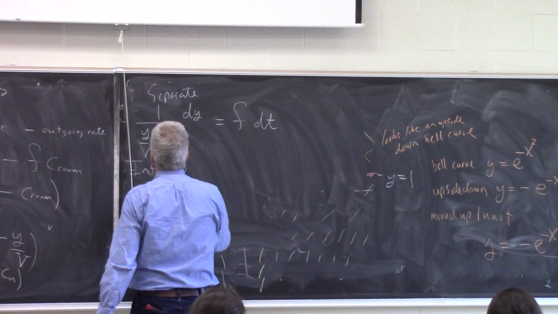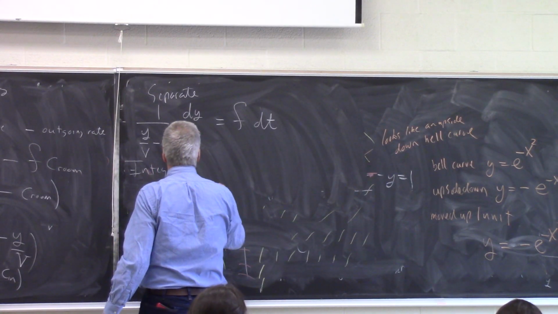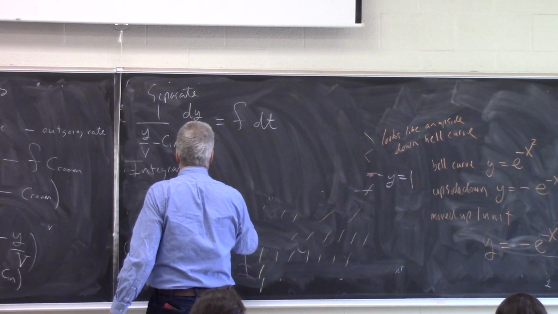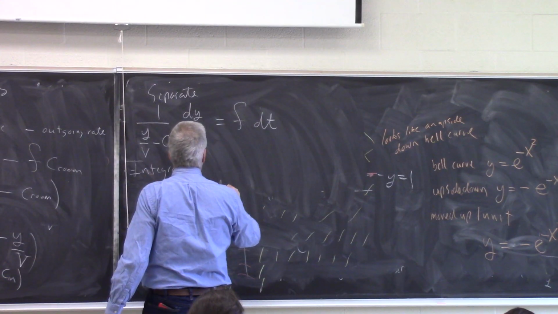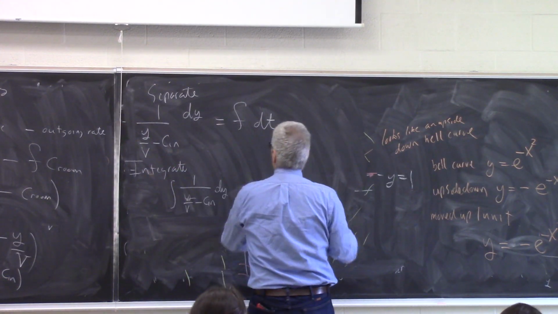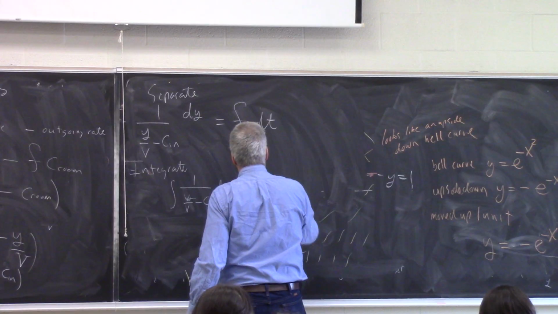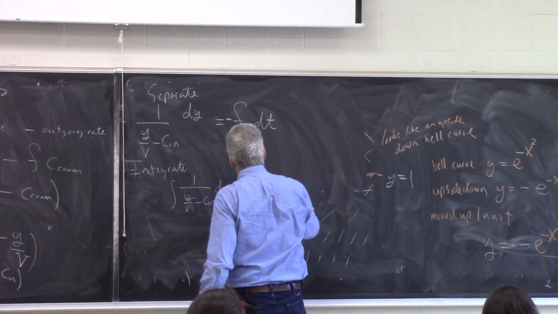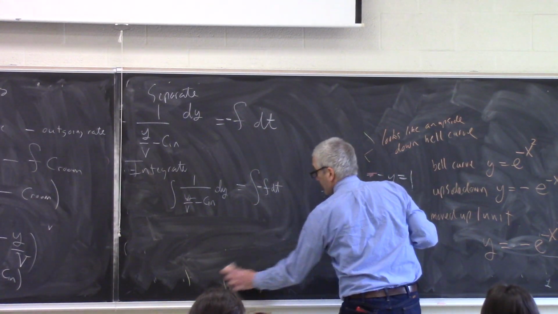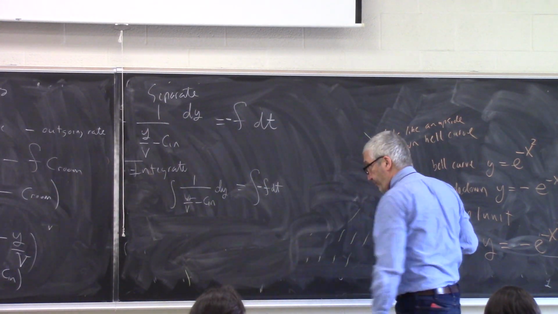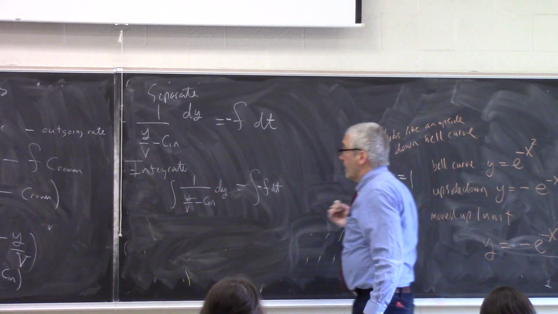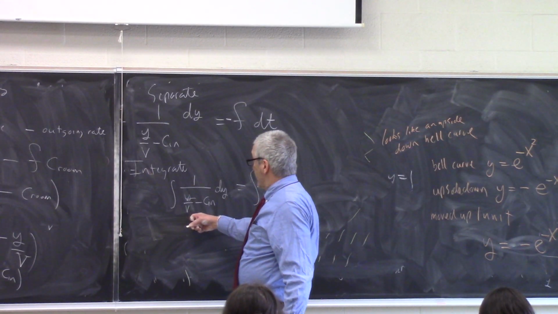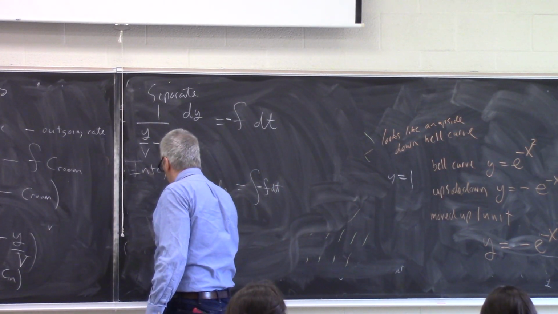So the integral of 1 over Y over V minus Cn dy equals the integral of F dt. This should be minus F. So when I do a U substitution, I end up with an extra factor of V that I've got to account for. So I'm going to skip ahead here because I want to finish this.